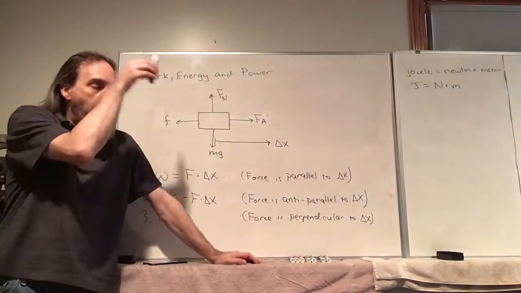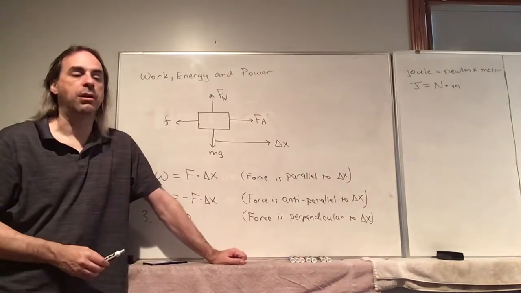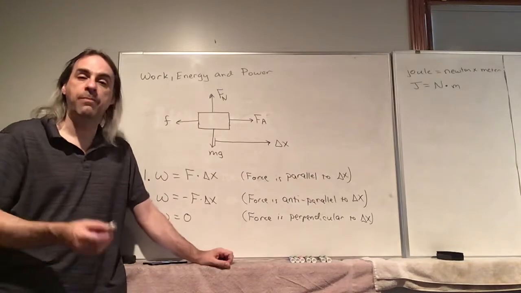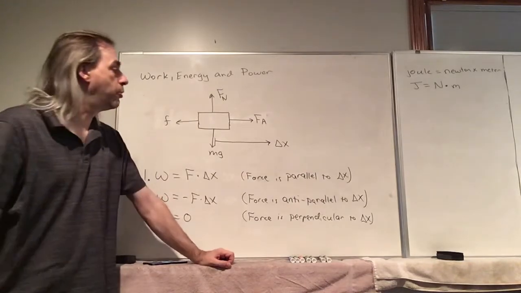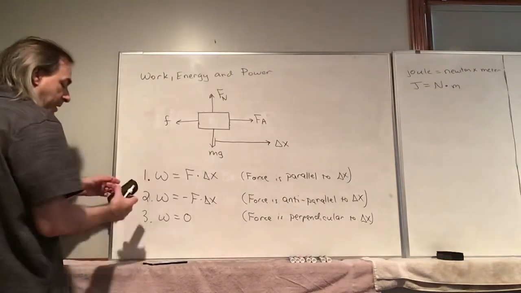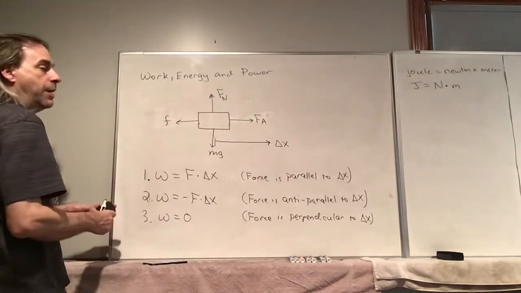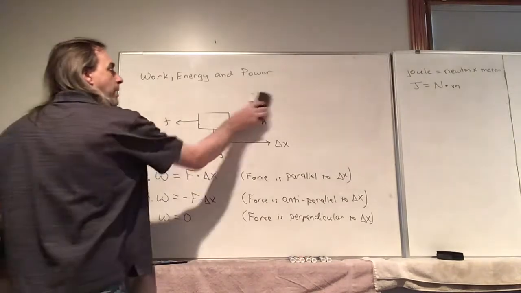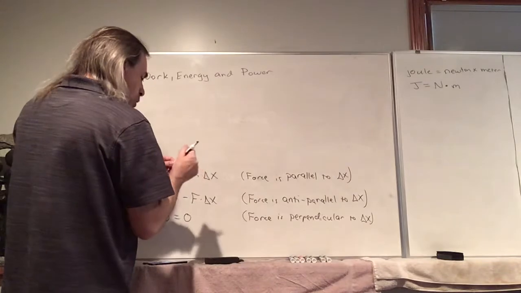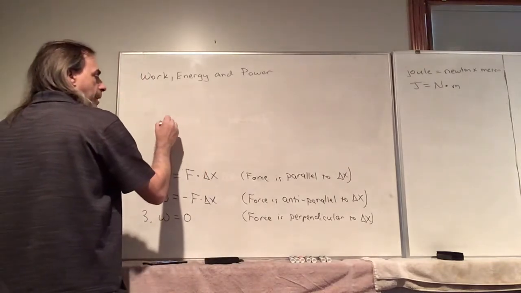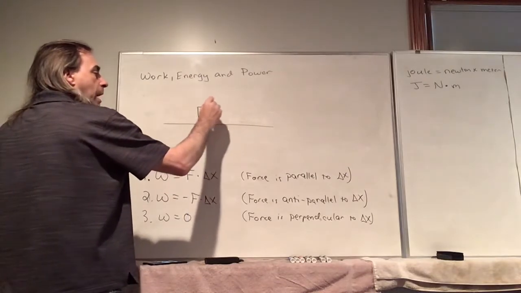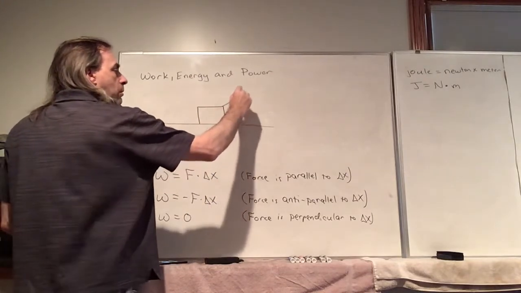Now, the most general case that we're going to consider: forces don't always have to be either parallel or perpendicular to the displacement. I said we're only going to consider these three cases because that's all we actually need, but let's look at how we would handle a more general case, where we're pulling an object across the ground with a rope.